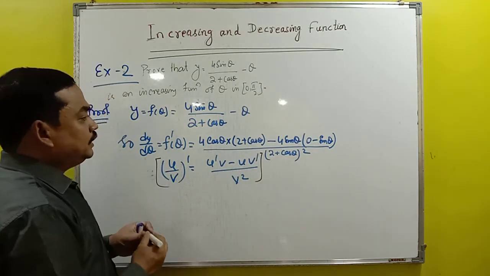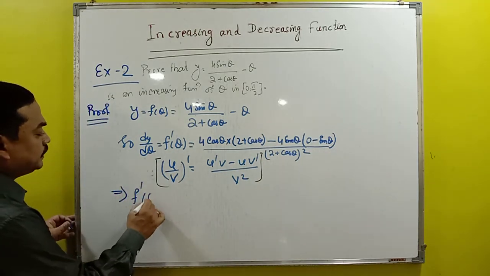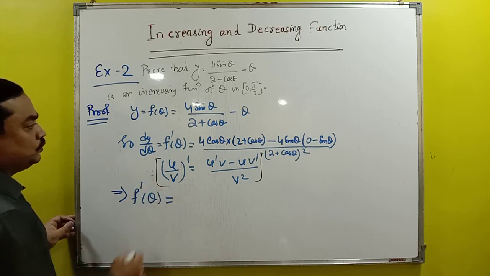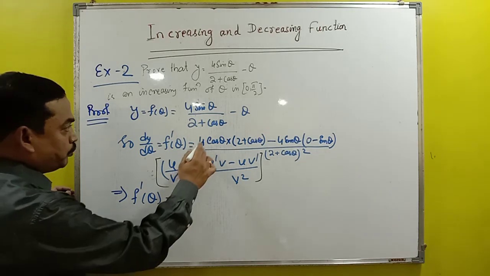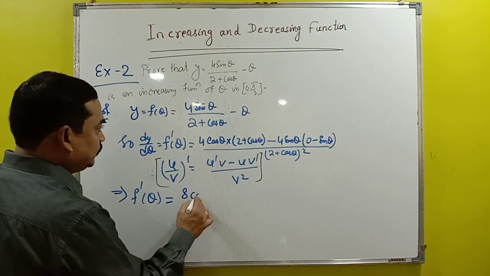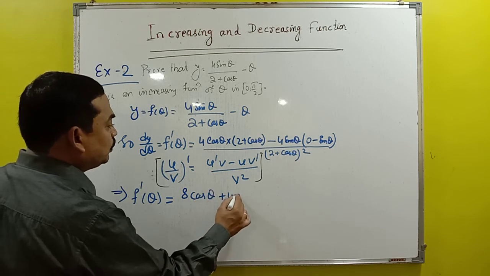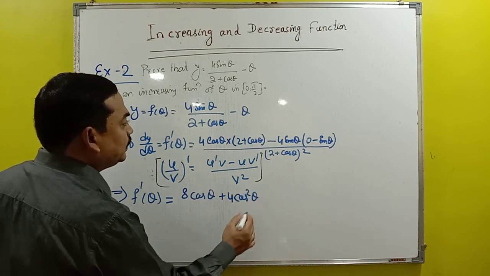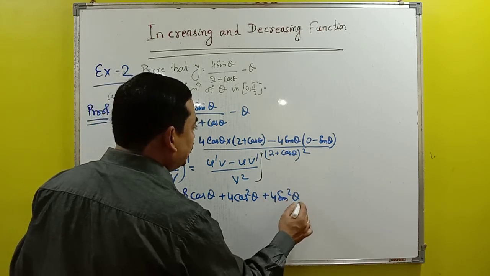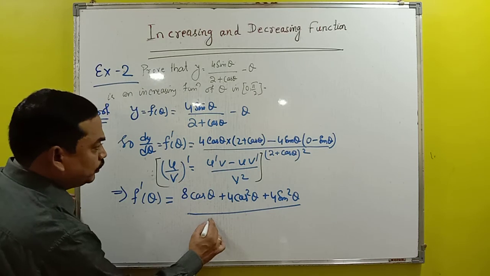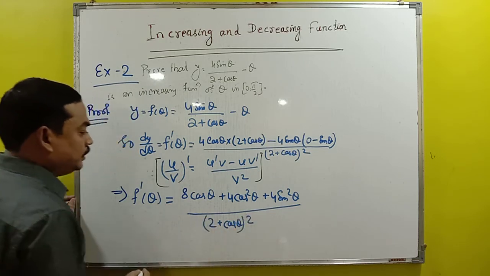right, and this implies f dash theta is equal to, or just simplify, 4 2s are 8 cos theta plus 4 cos square theta plus 4 sin square theta upon 2 plus cos theta whole square.